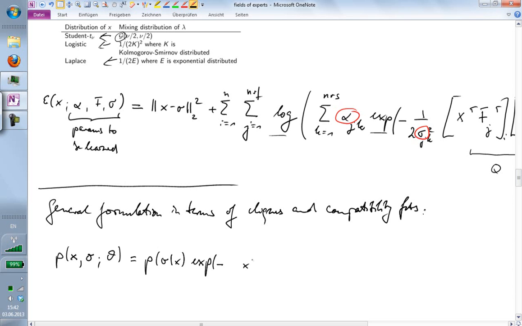e to the minus x transpose x with some value delta that is very small. So very small precision or very large standard deviation. This was for the normalizability that I just mentioned. We have the partition function depending on the parameters.